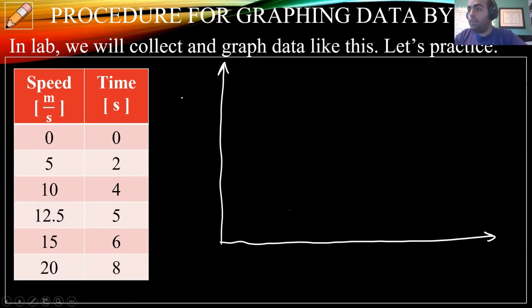And the next thing that I do after I've drawn my axes is I'm going to label what's on each axis. So I'm plotting speed, and I also write the units, which are meters per second. And on the horizontal axis, I'm plotting time in units of seconds.